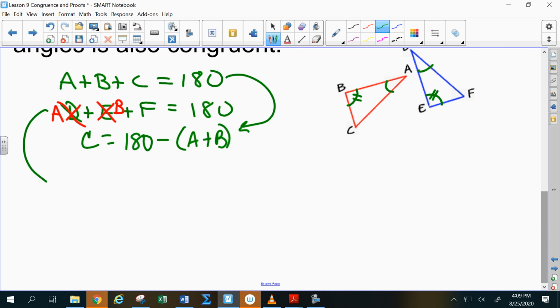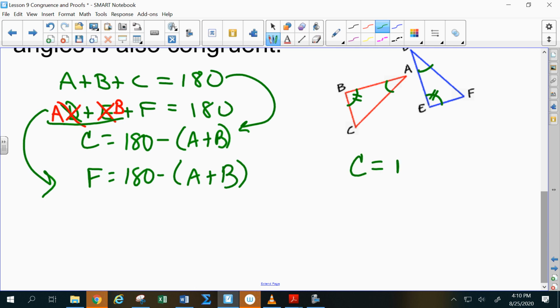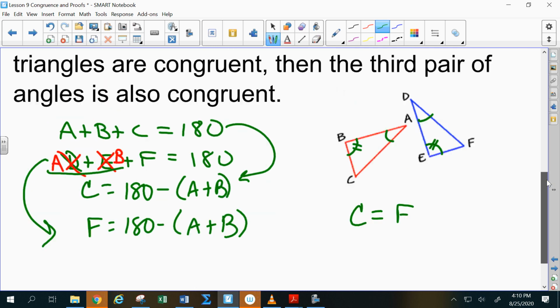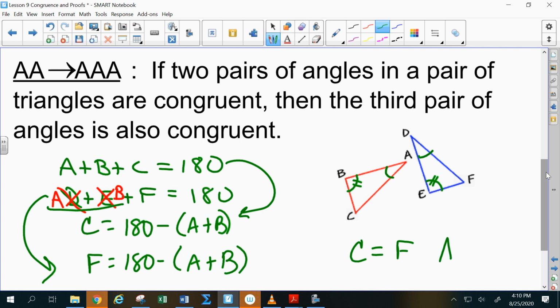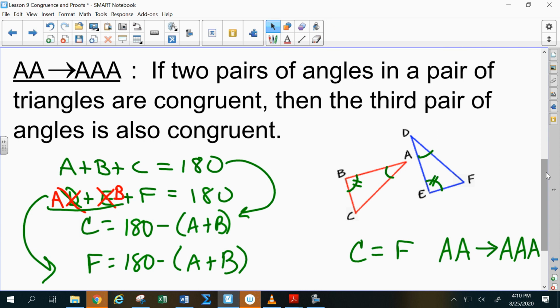And from this one, I get that F is 180 minus whatever A plus B is. So if C and F both equal this same number, C and F have to also match up. And the reason for that is AA, if you know two sets of angles, and then not an equal sign, but an arrow, because that implies that all three sets of angles have to match up and be congruent.